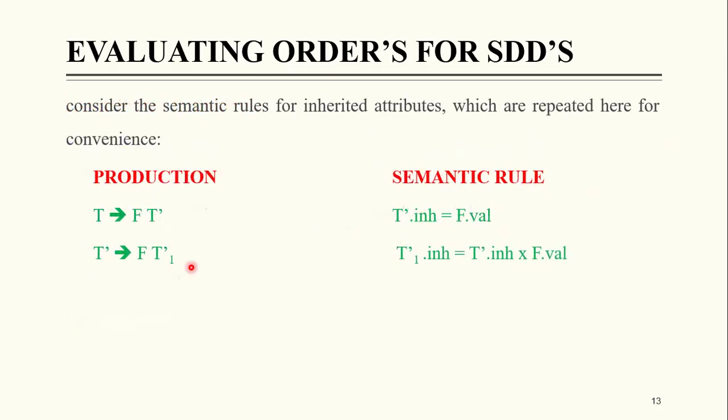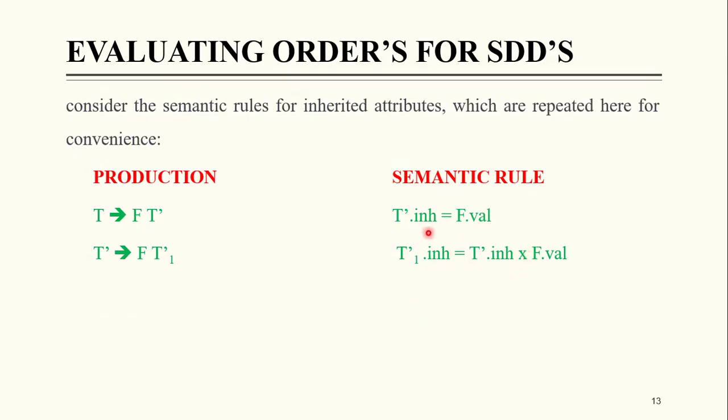In this case, we just consider the semantic rules for the inherited attributes, which are repeated here for convenience. The productions are T derives F T', and T' derives * F T1'. The equivalent semantic rules are T'.inh equals F.val, and T1'.inh equals T'.inh times F.val.